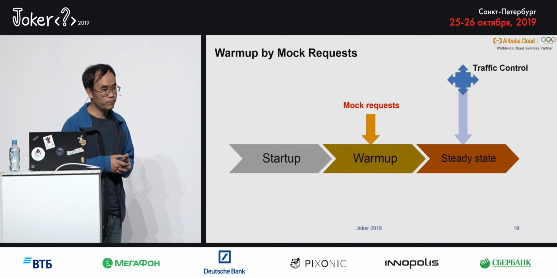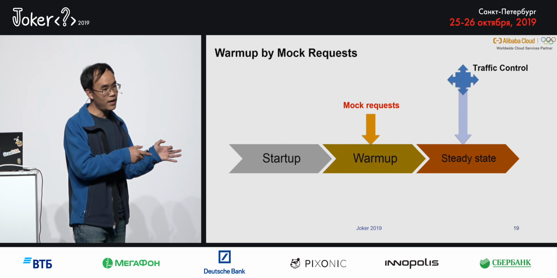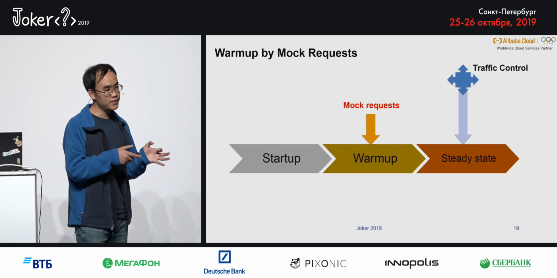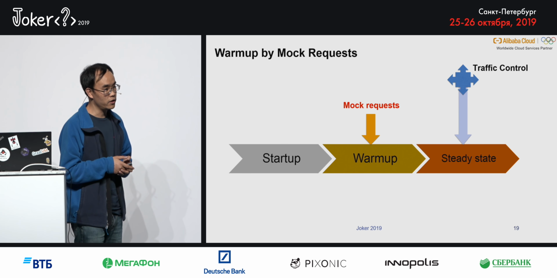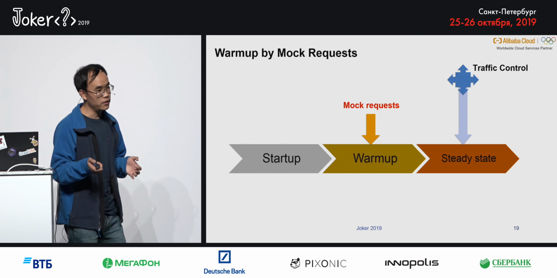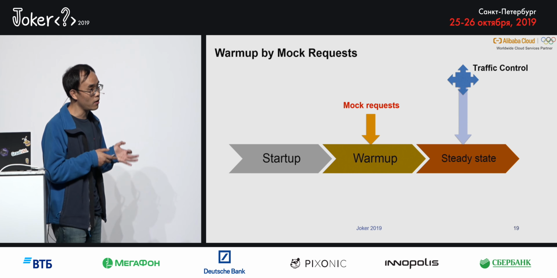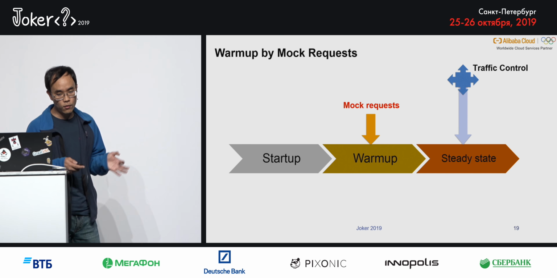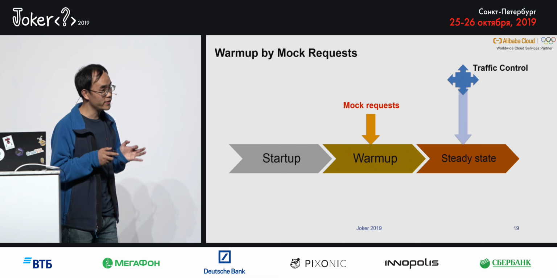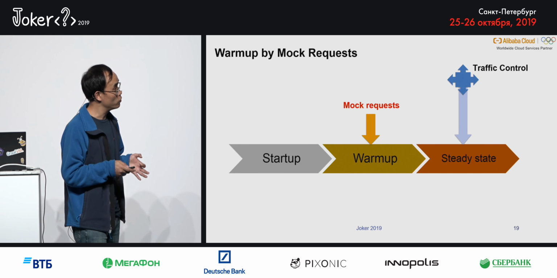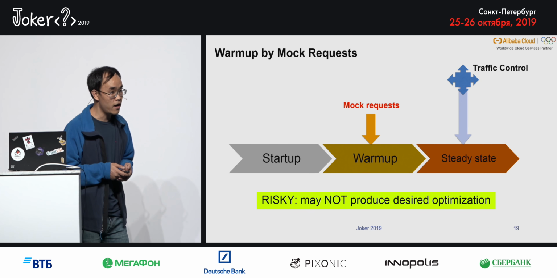Sometime later, when your real traffic comes in, the JVM sees a change in execution pattern, and then it needs to bail out and go back to the slow interpreter. That's the problem caused by mock data. That's why we want to resolve this. You cannot rely on mock data to resolve a warm-up issue. It's not safe and may not produce the desired optimization.